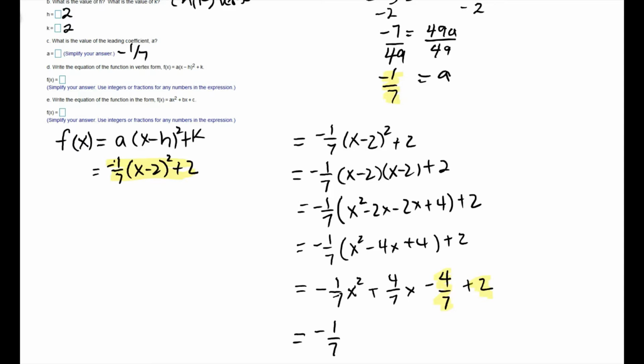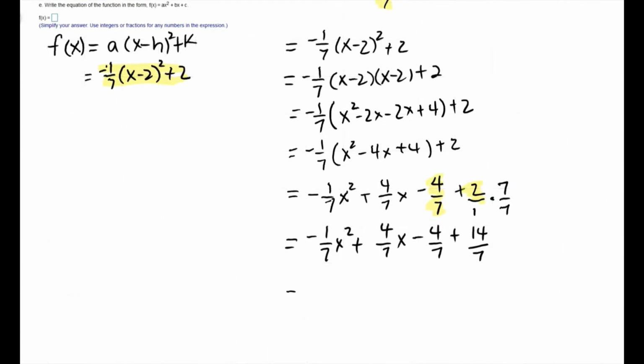I'm going to write this 2/1 by multiplying by 7/7. That gives me 14/7. And now that I have a common denominator, I can combine those fractions together to give me plus 10/7.